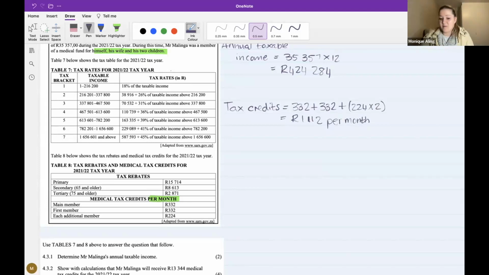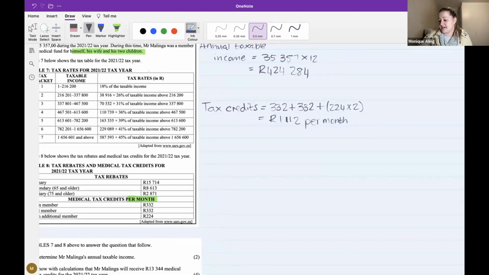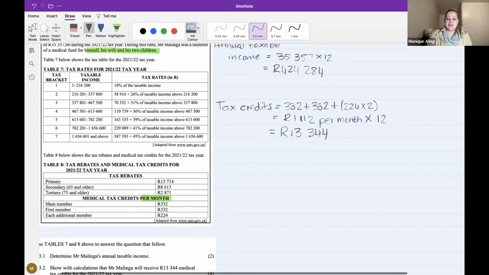But remember, when we're working out tax amounts, we always need the yearly amount. So we times by 12. Nice, Ben, well done. Okay, so per month, that's 1,112. If I times that by 12 months, I get an answer of 13,344, which is what we needed to prove.